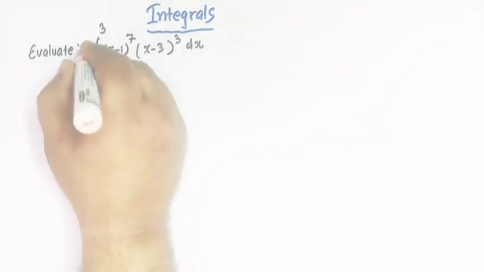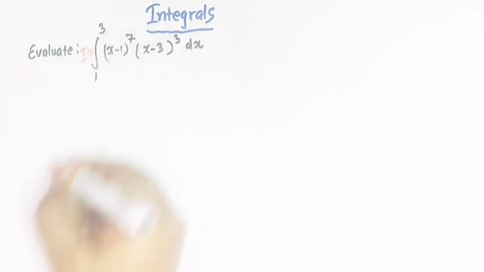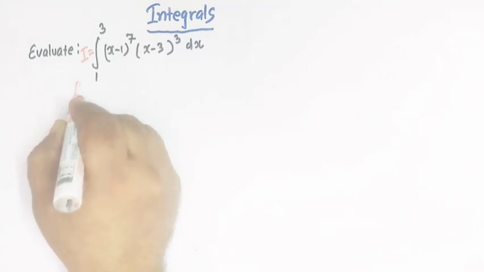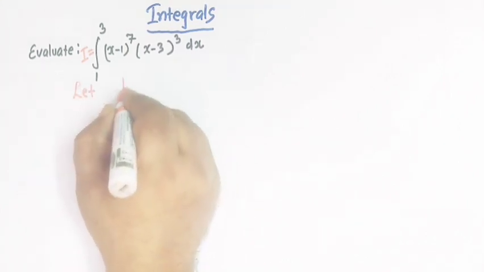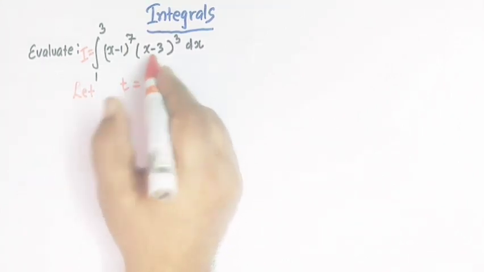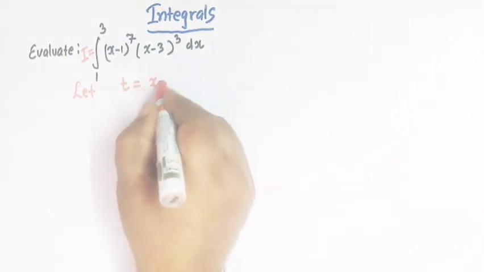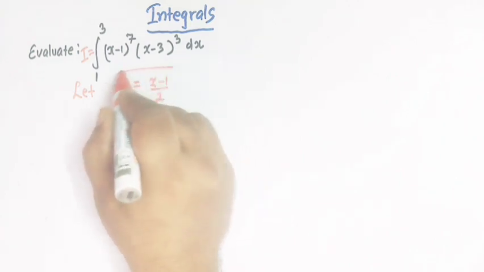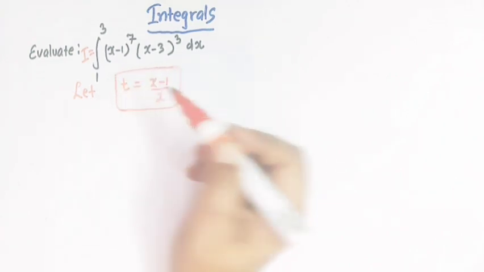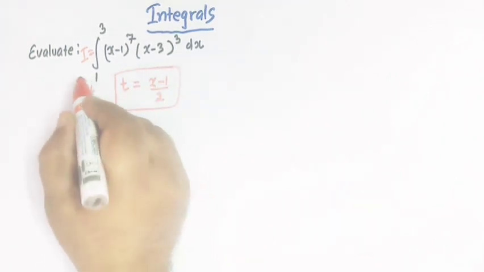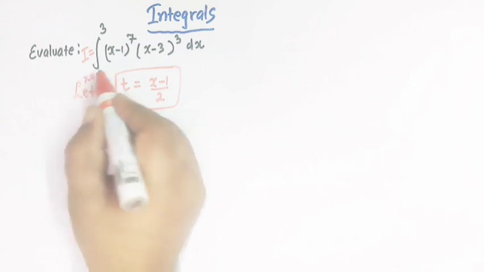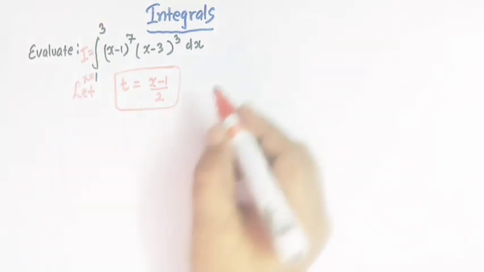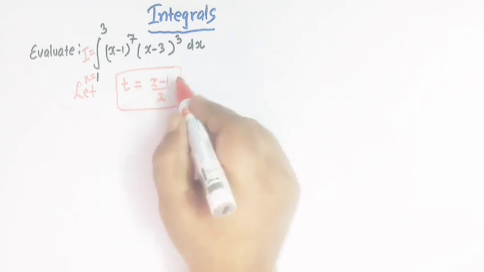So let us first call this integral as I, right? So here I will make an important substitution, and let us substitute t is equal to (x minus 1) over 2, right? So here this is an important substitution, right? Okay, now see here x varies from 1 to 3, right? So let us change the limits accordingly.